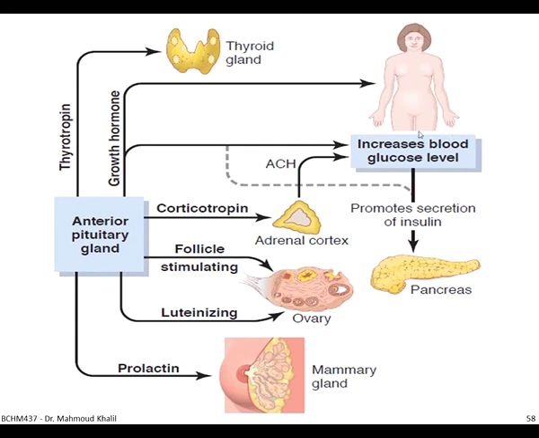All of these, controlling the blood sugar level, promote the secretion of insulin hormone from the pancreas to do the main function of lowering blood sugar level. So you can see here, for the pancreas to function and release insulin, it needs some signals from the anterior pituitary gland.